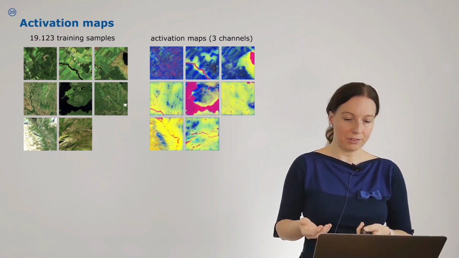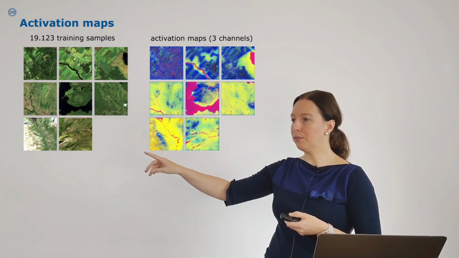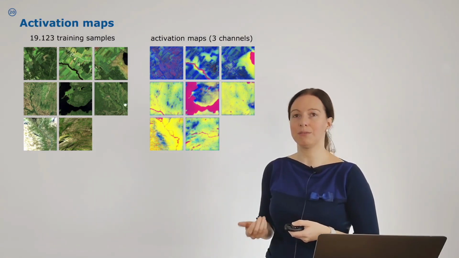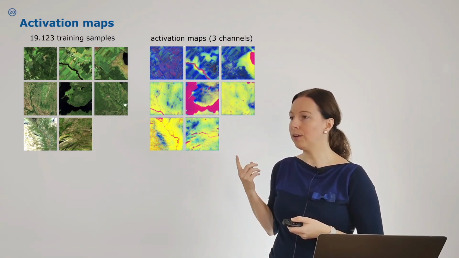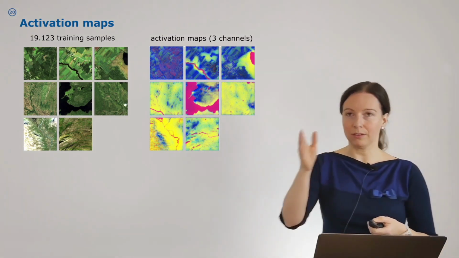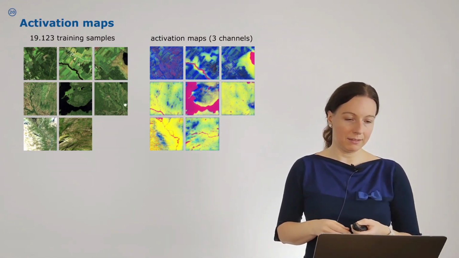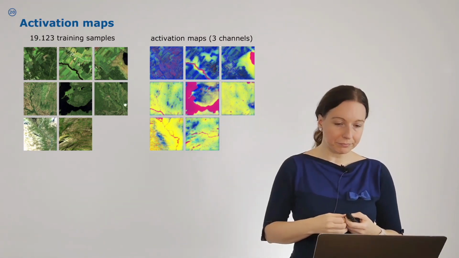as single channels. And here you can see a few of these training samples from our datasets, and for all of these training samples we compute the activation maps. Here they're illustrated in RGB.